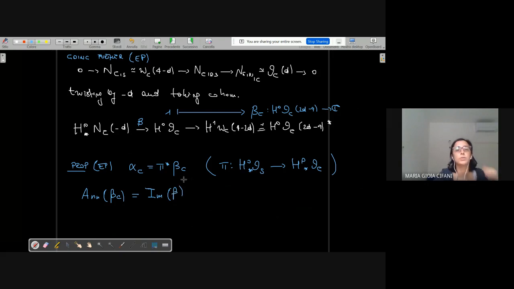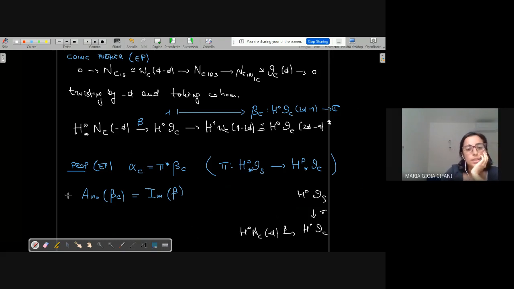So we can really use this diagram, and I'll try to rewrite it here. Here we have H0 OS, H0 OC. This is pi. H0 of the normal bundle twisted by minus d is pi minus D, and it is beta. So this is the key point.